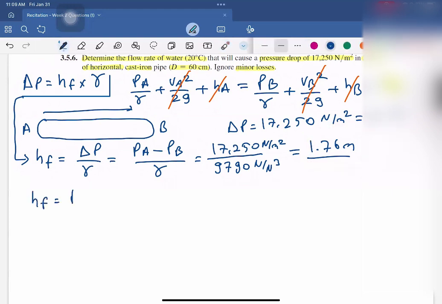If we write it, if we think about what we know: length, we know acceleration, we know diameter, and we don't know F and the velocity.